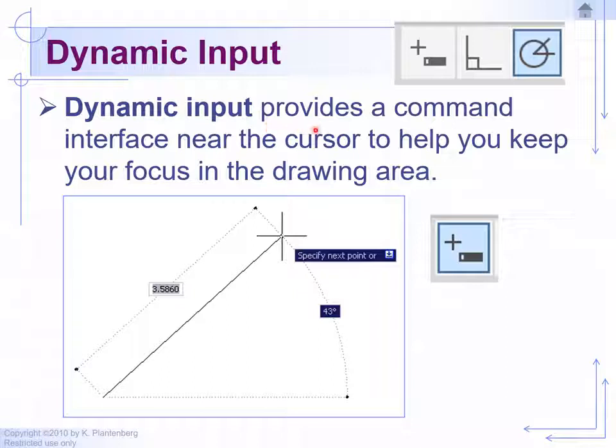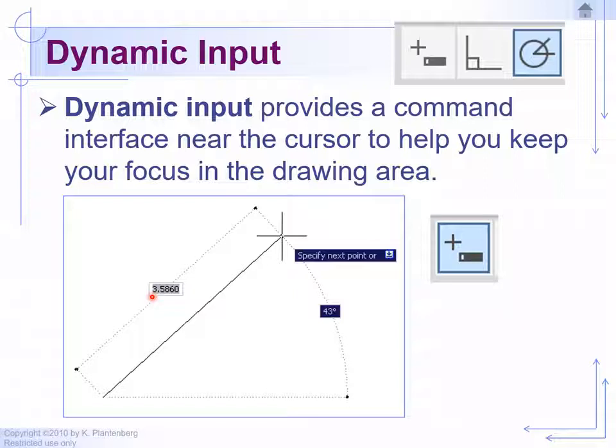So dynamic input provides a command interface near the cursor to help you keep your focus in the drawing area. So you don't always have to be typing in numbers in the command line. This will allow you to, on the fly, type in numbers on the screen as you're generating your line. So in this case, click on the line command, define your first endpoint, click, and you have these windows that you can type in your data.